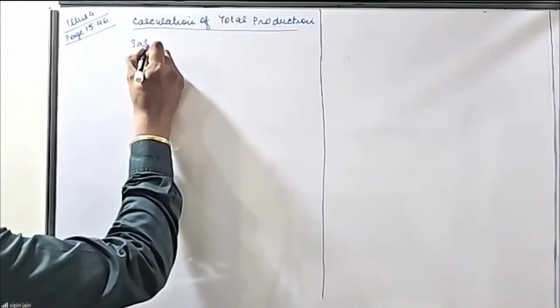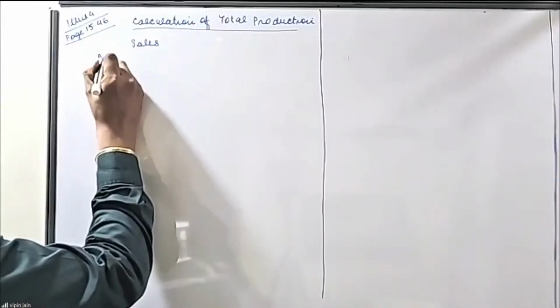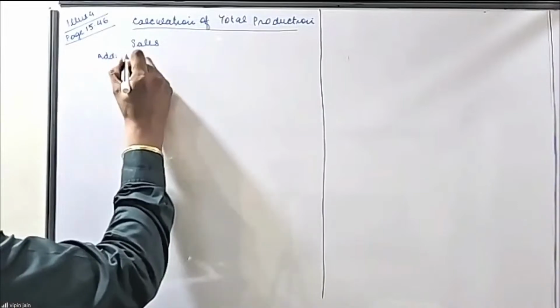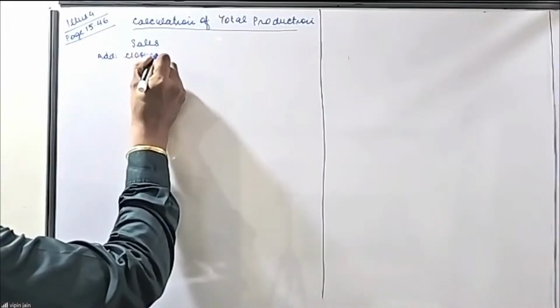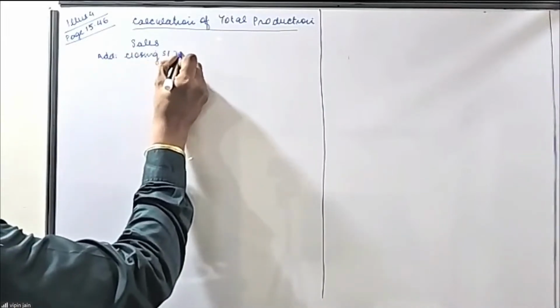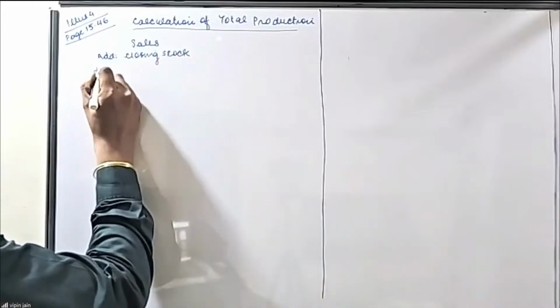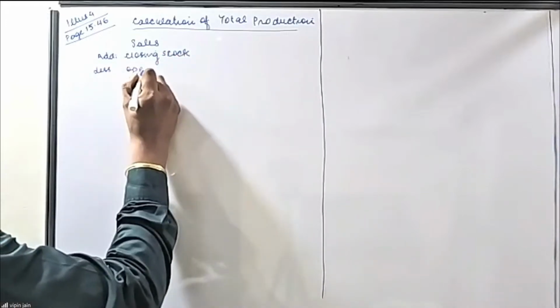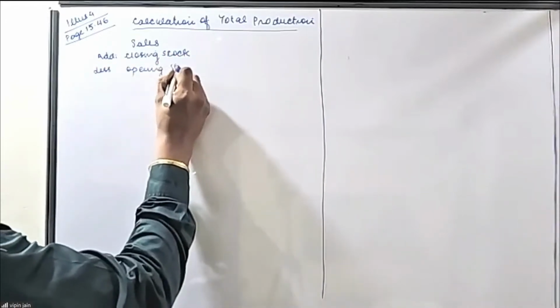So sales, add closing stock and less opening stock.